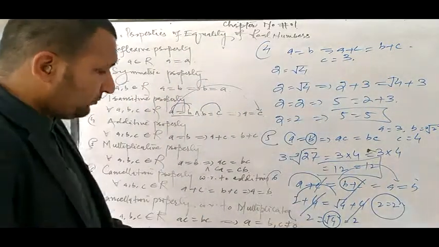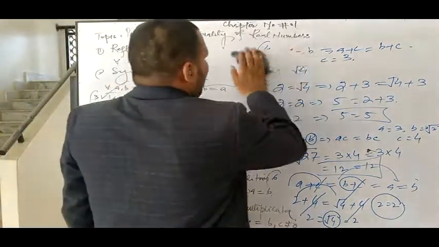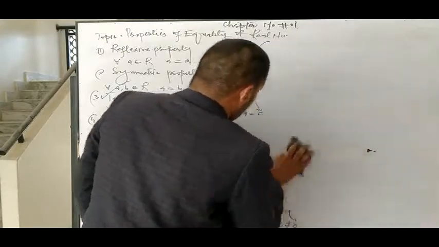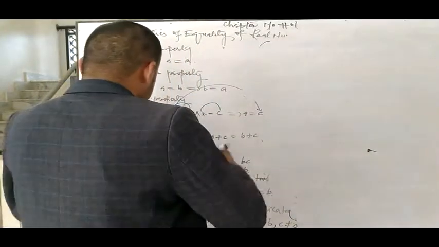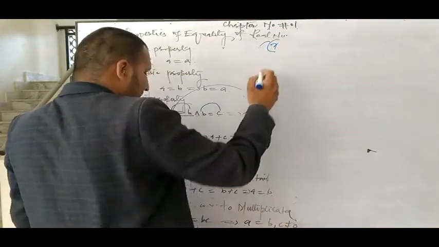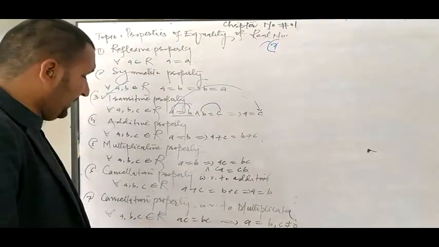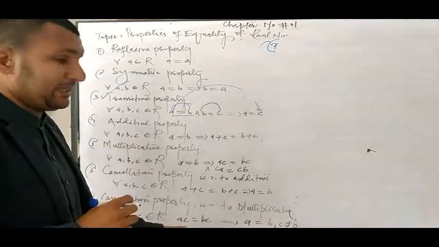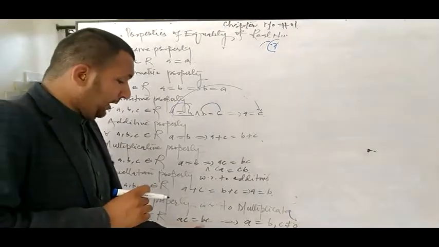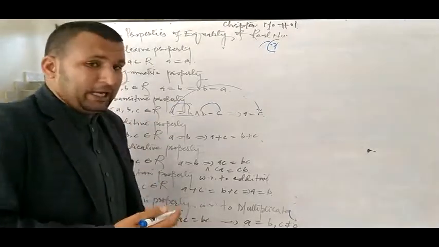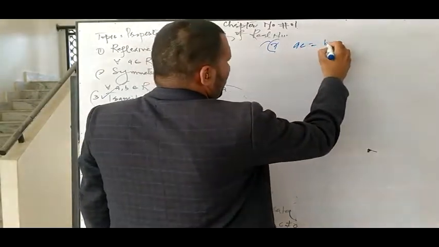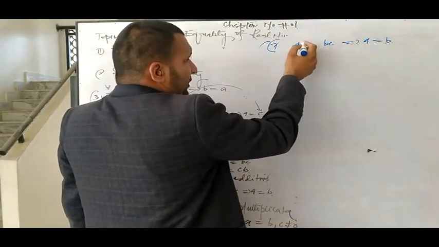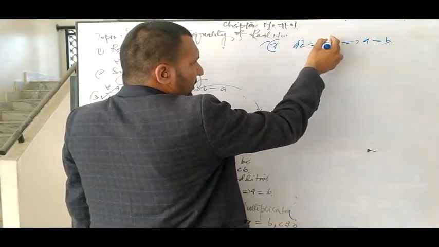Property number 7 is the cancellation property of multiplication. If we take three values A, B and C, and we multiply the third value with A and B, then we cancel it, and the property is A is equal to B. If AC is equal to BC for all A and B belonging to real numbers, then C is multiplied with A and C is multiplied with B, then we cancel.